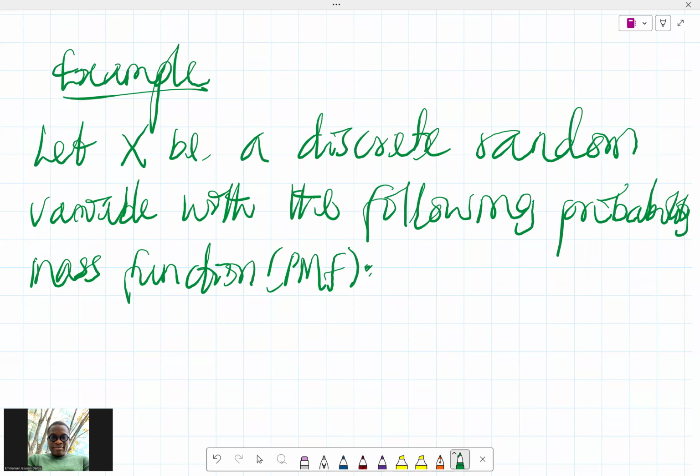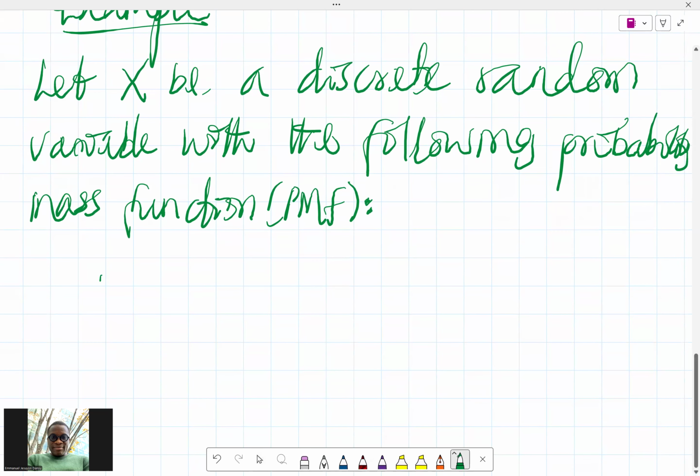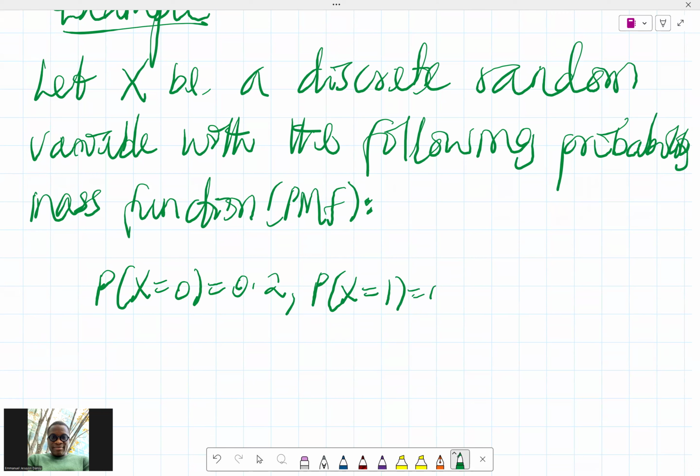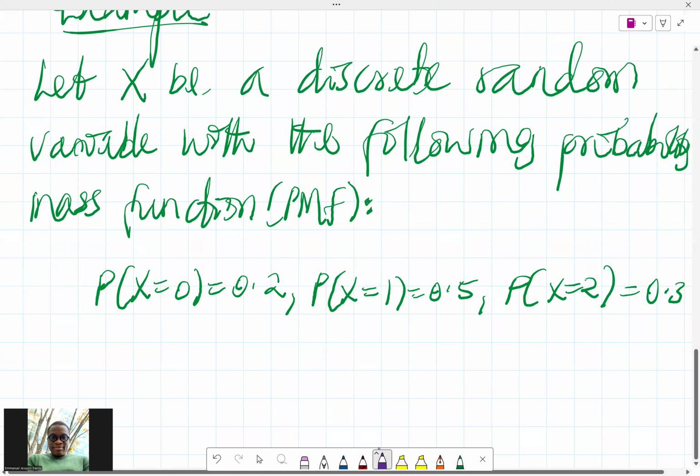The probability that X is equal to 0 is 0.2. The probability that X is equal to 1 is 0.5. And the probability that X is equal to 2 is 0.3. And that, of course, follows the law of probability. If you add up all three probabilities, your answer is 1, because the highest value of a probability is 1 and the lowest is 0. So 0.2 plus 0.5 is 0.7, plus 0.3 is 1. So that follows what a probability should look like.